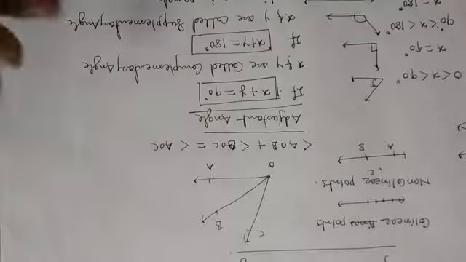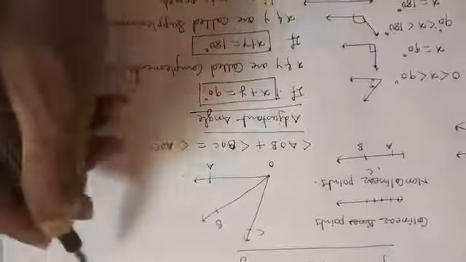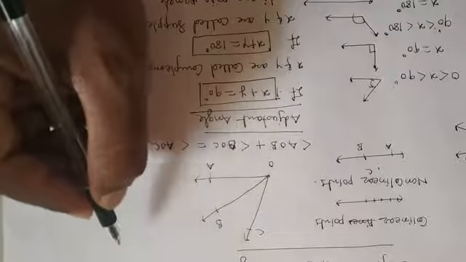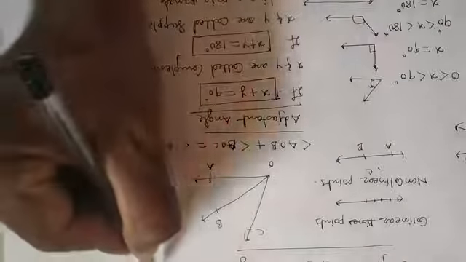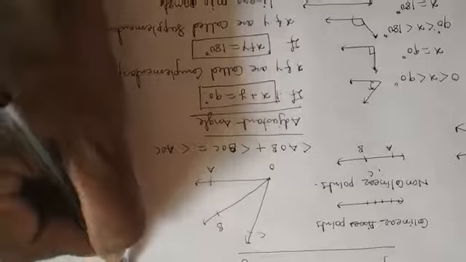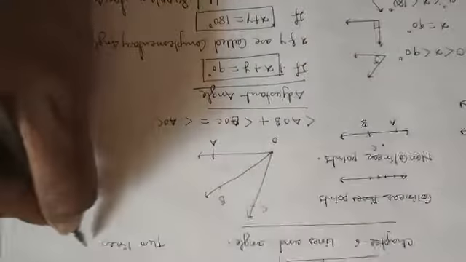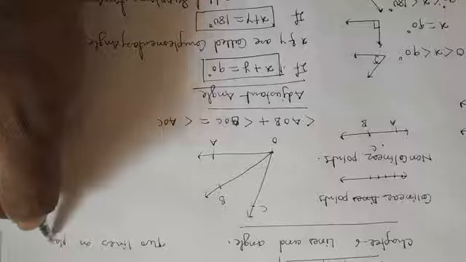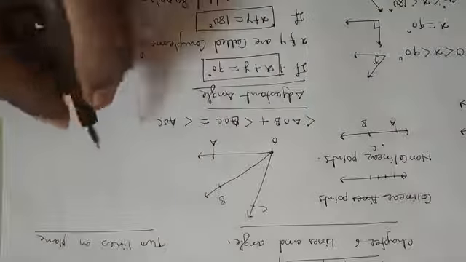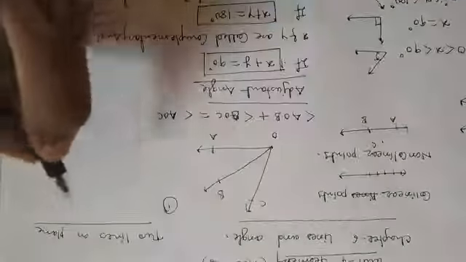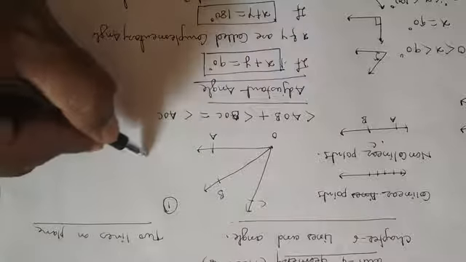Now, if two lines on a plane intersect each other, what are the possibilities? There are three possibilities. Type 1: two lines intersecting.